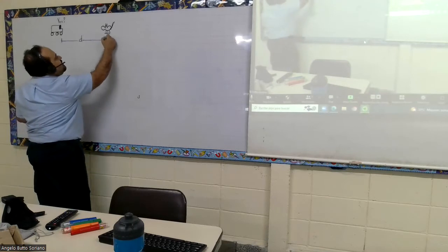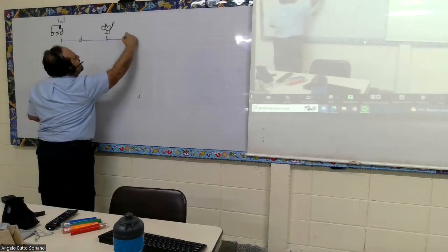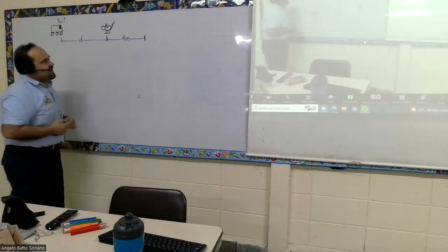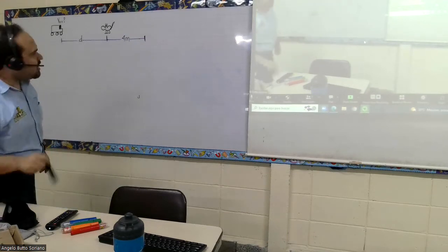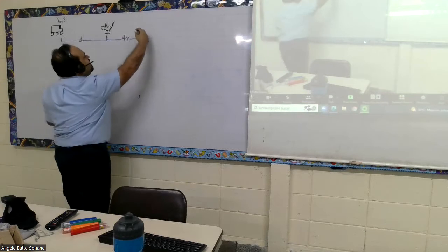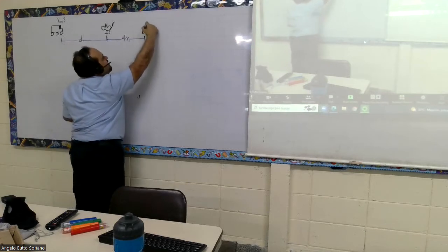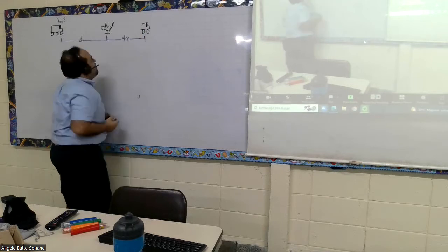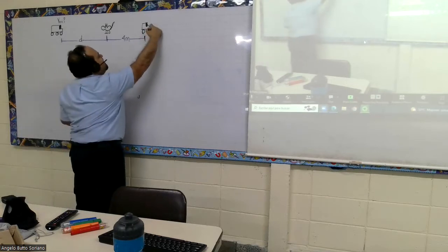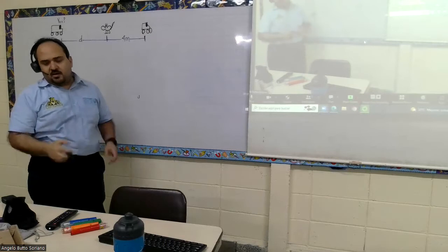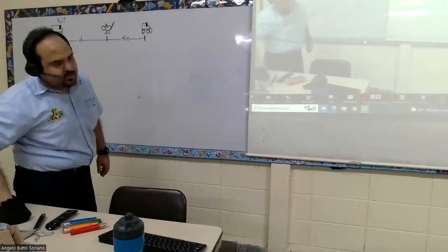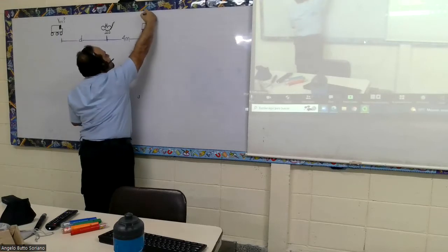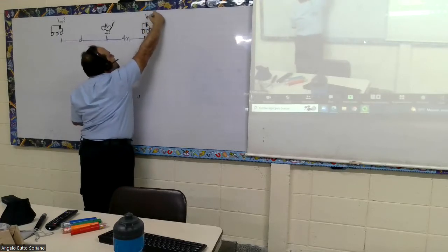So the cable car will be located in this position when the final velocity of the cable car will be equal to 0. Final velocity, 0.